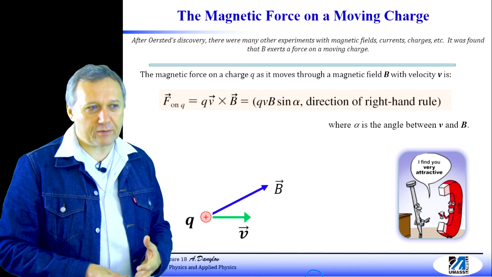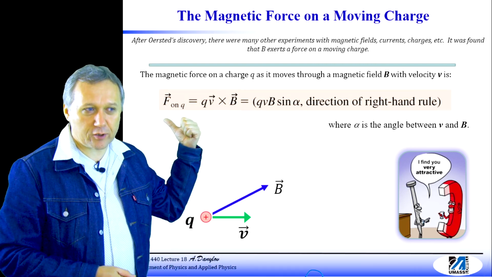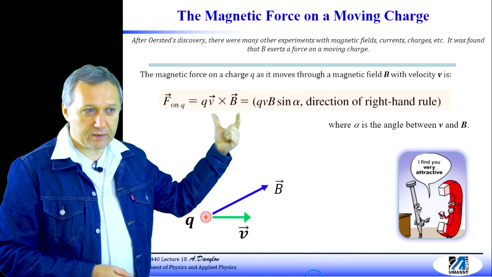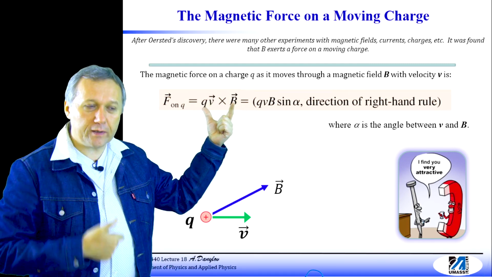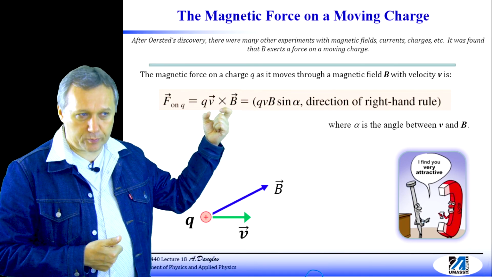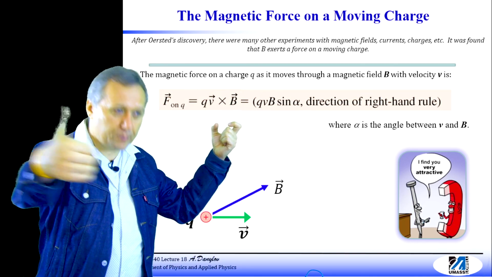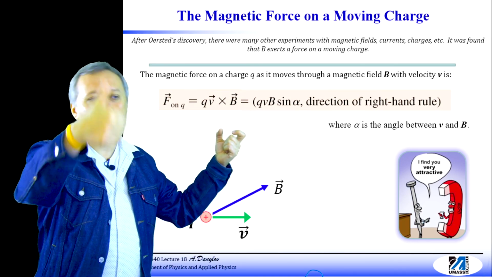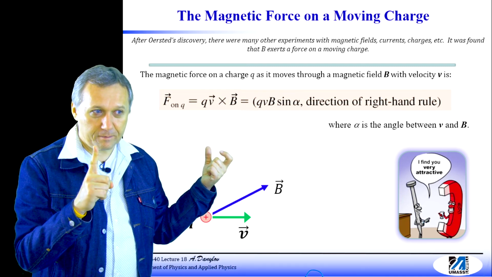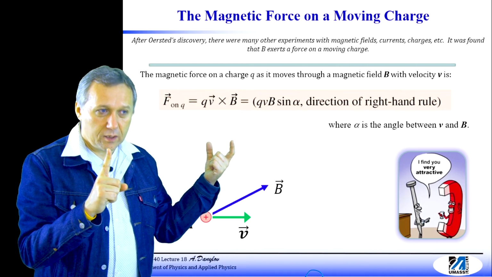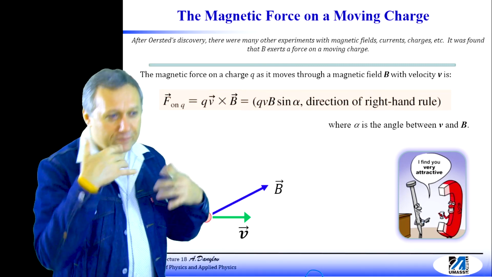What do I mean by that? First of all, yes, you have to apply the right-hand rule to find the correct direction of this cross product, v cross B, and your outstretched thumb gives you the direction of the cross product. But it's not enough. After that, you need to make an additional half a step.